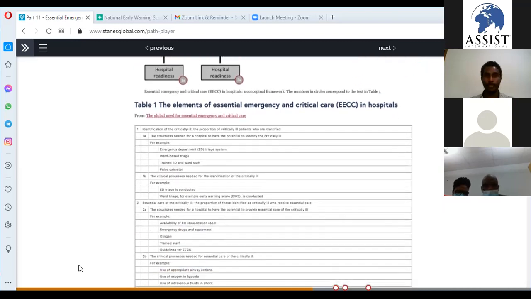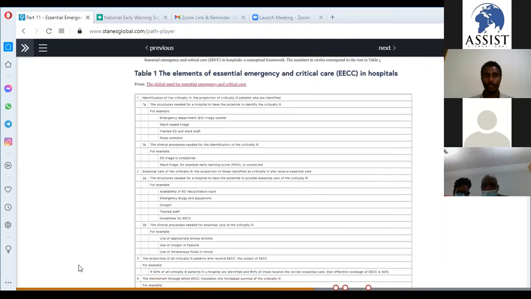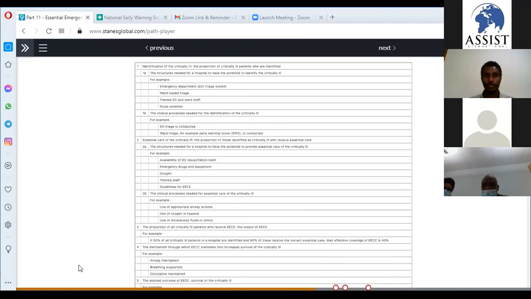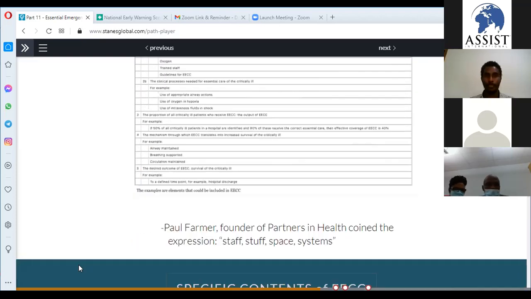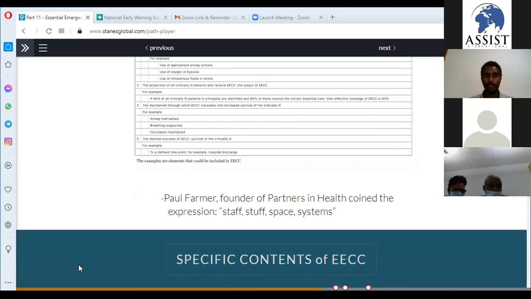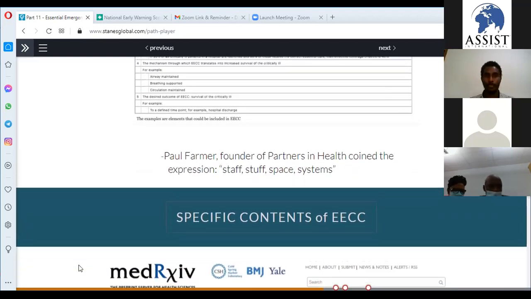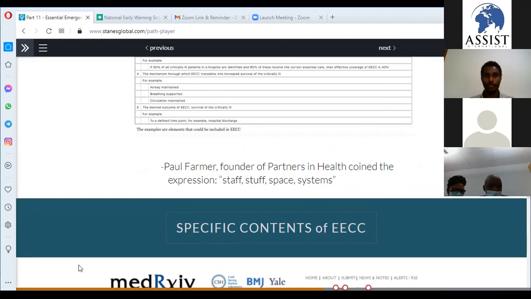Okay, so you have a table here which has many components, which we don't have to mention all of them, but in short, Farmer, the founder of Partners in Health, coined the expression of staff, space, and system.